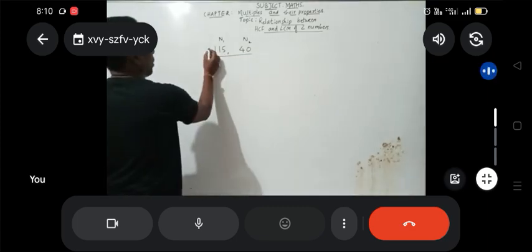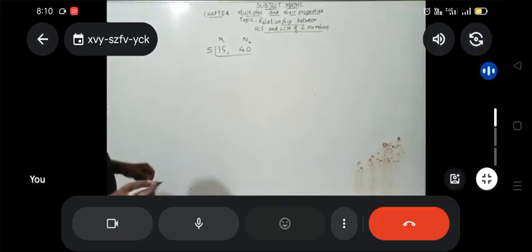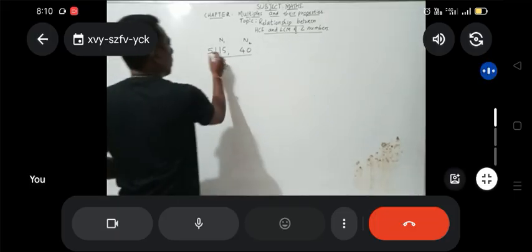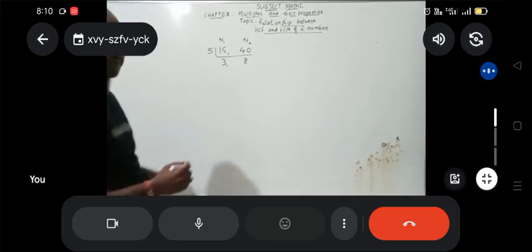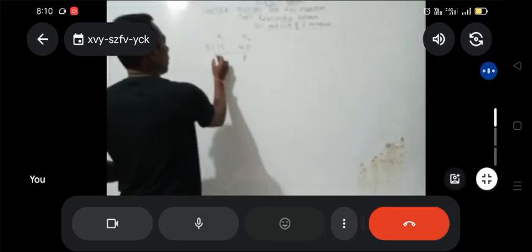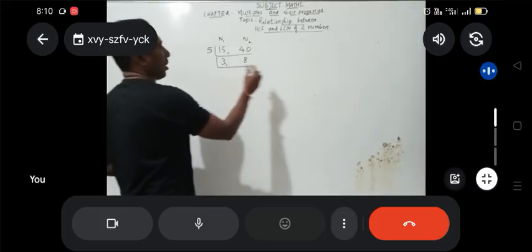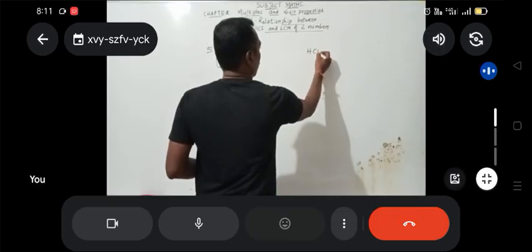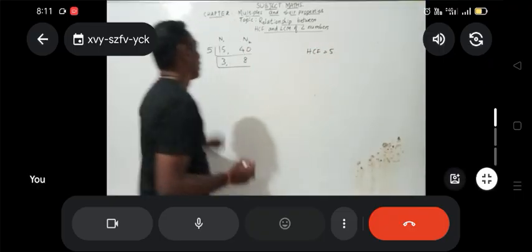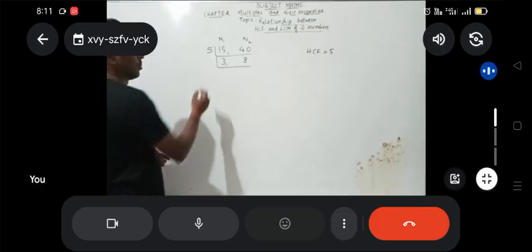You can directly go by 5 to get the HCF. 5 threes are 15, 5 eights are 40. These two numbers are not divisible further, so HCF is equal to 5. You continue, you will get the LCM.